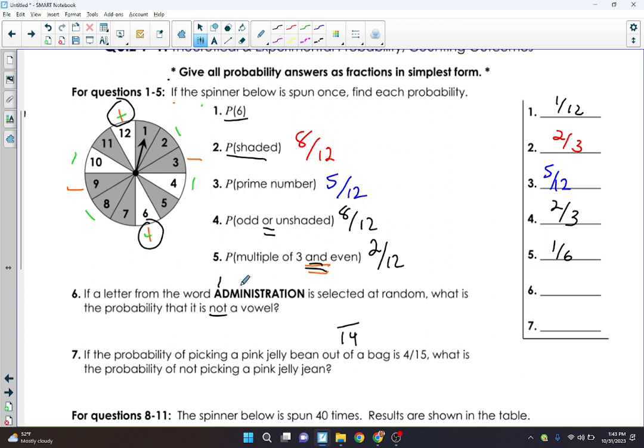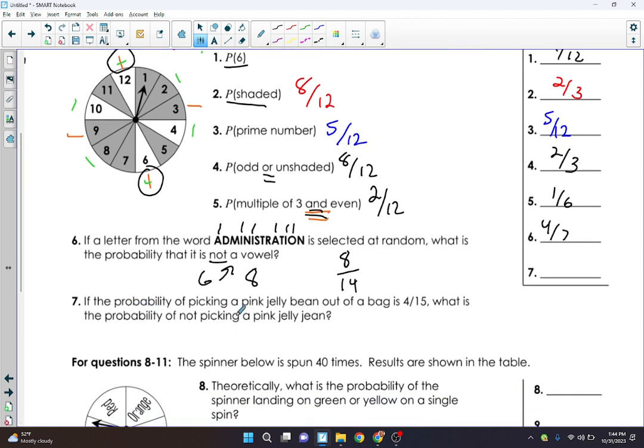So that's A, I, A, I, O. So that's 1, 2, 3, 4, 5, 6. So 6 of them are vowels, which means not vowels should be what's left over. 14 minus 6, 8. So it's going to be 8 over 14. If you want to just count the consonants, that's also fine. But just know a not statement, you could just subtract it from the total. So 8 out of 14 is 4 out of 7 after you simplify.